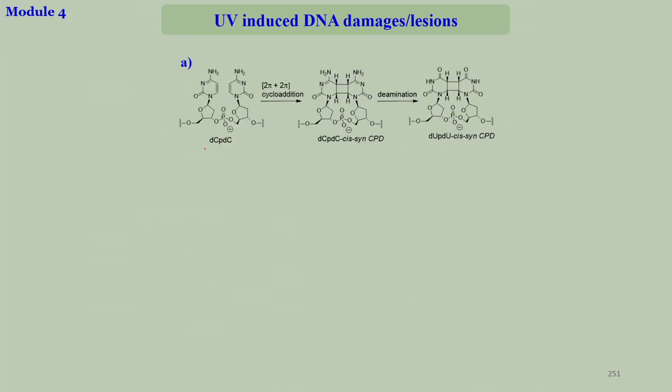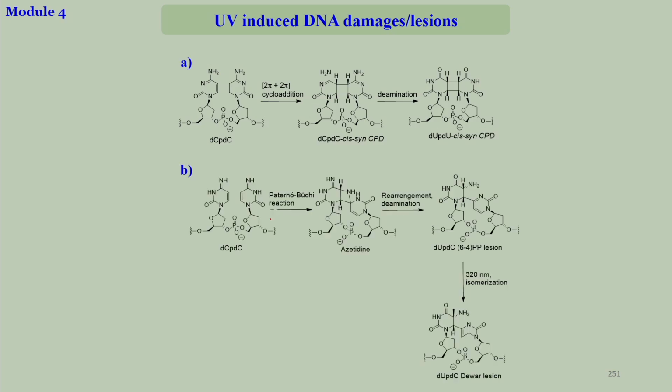Similarly, if you have the C dinucleotide, it will produce mainly cis-syn, and then deamination will occur to produce the uracil cis-syn CPD. Paterno-Buchi reaction, azetidine intermediate, this rearrangement followed by deamination.